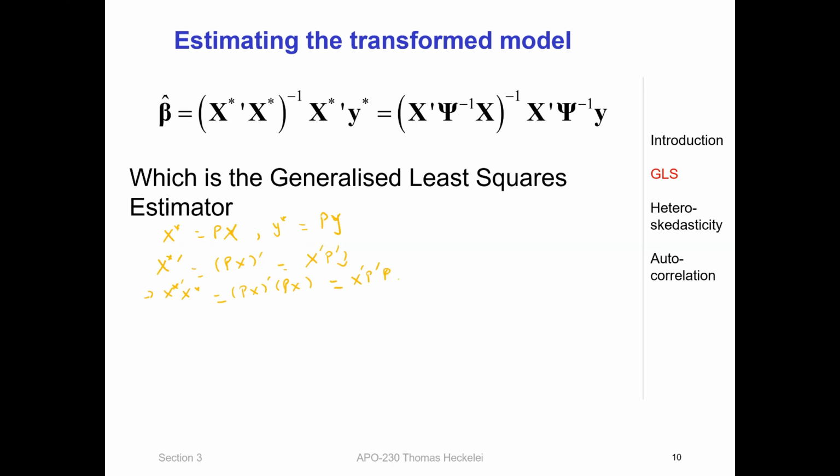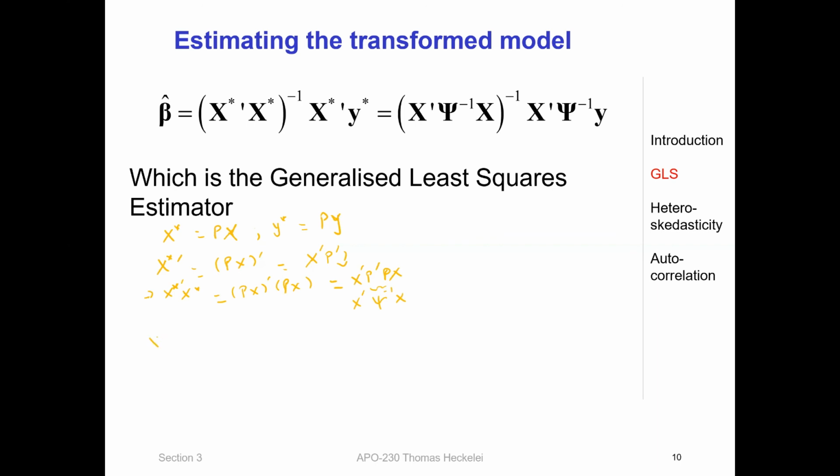Times px. Now, think about it. So p prime times p is psi inverse, right? So it turned out to be x prime psi inverse times x again.